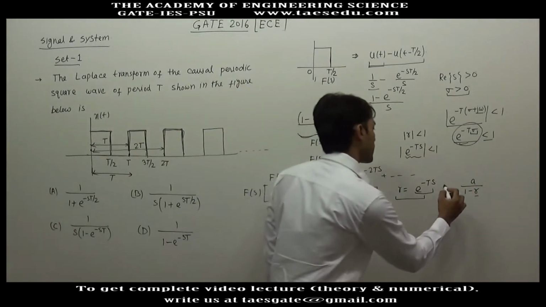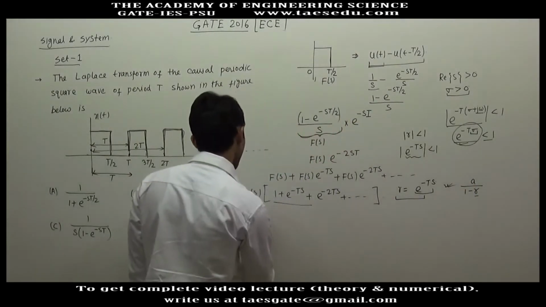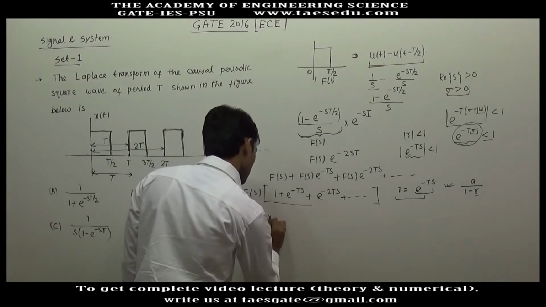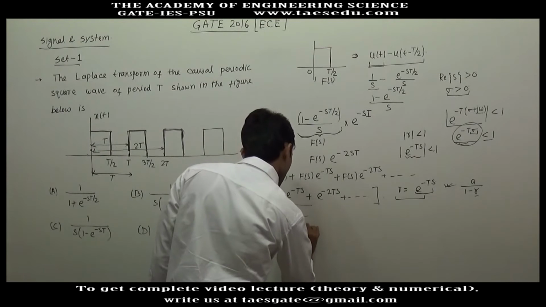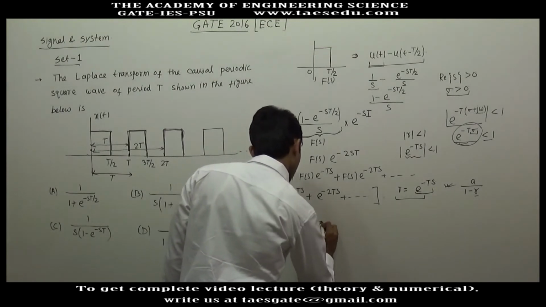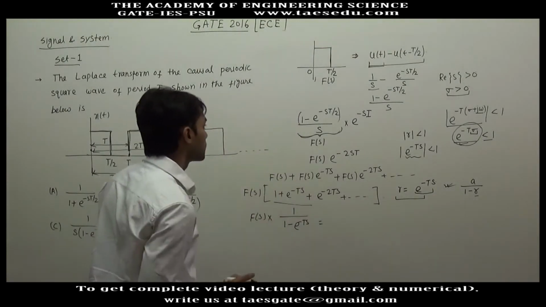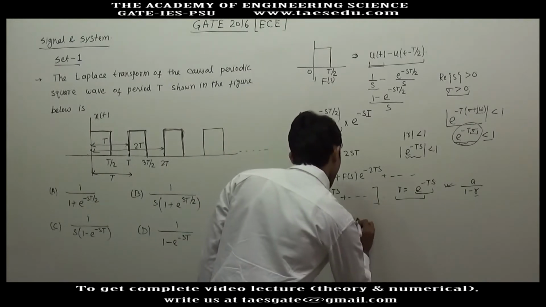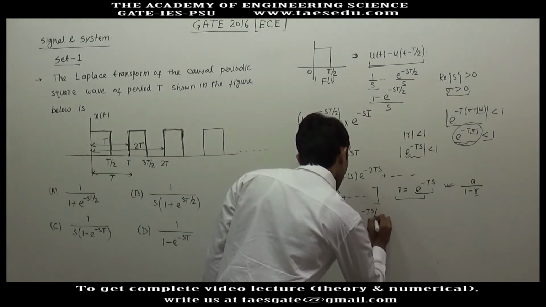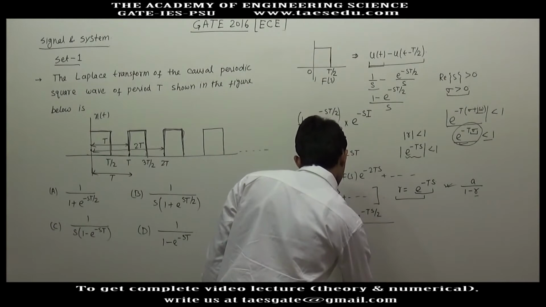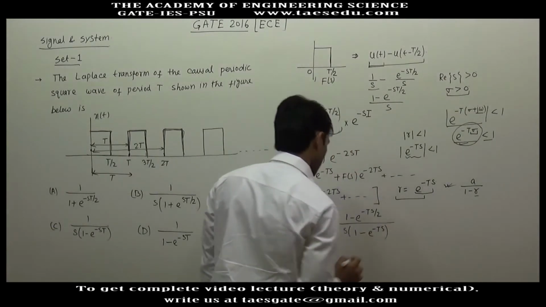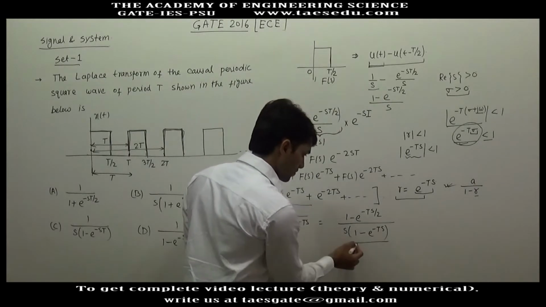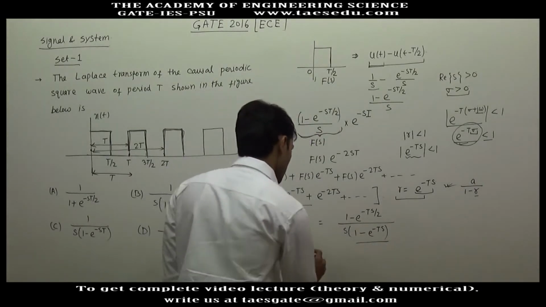We can use this formula: F(s) into 1 divided by 1 minus r, and r is e to power minus sT. F(s) is (1 minus e to power minus sT by 2) divided by s, into 1 divided by (1 minus e to power minus sT).